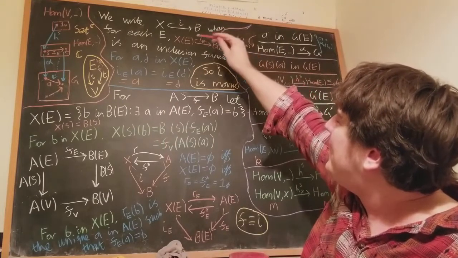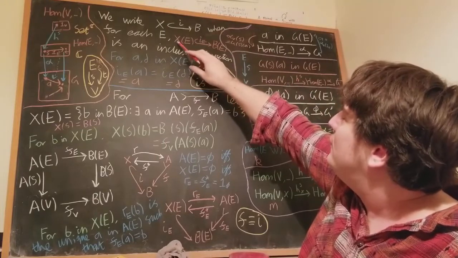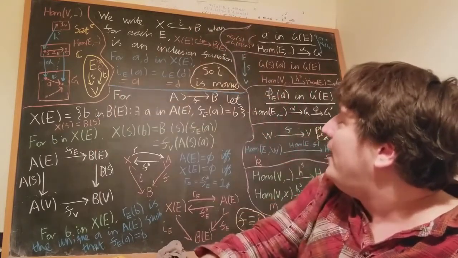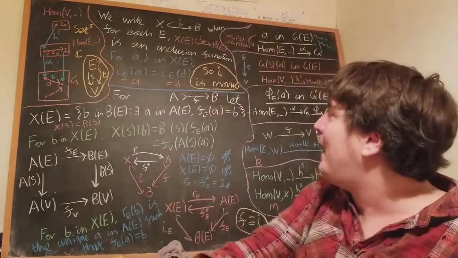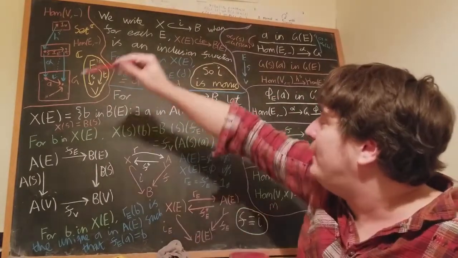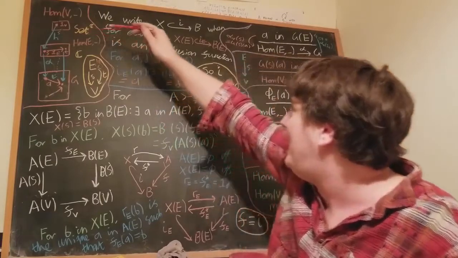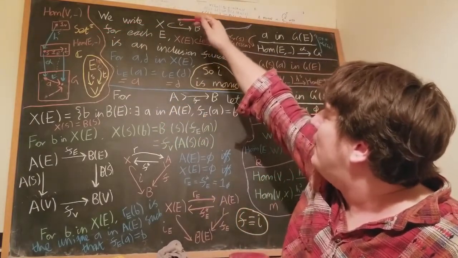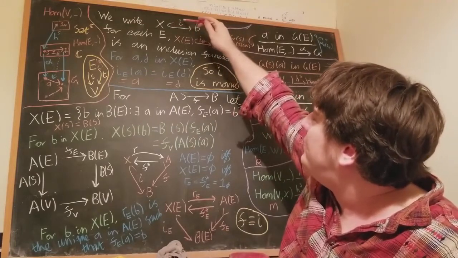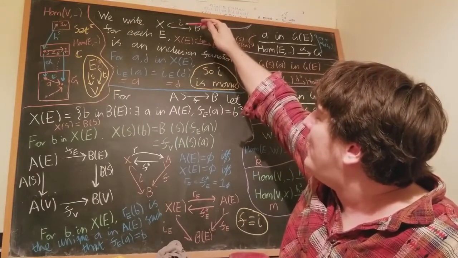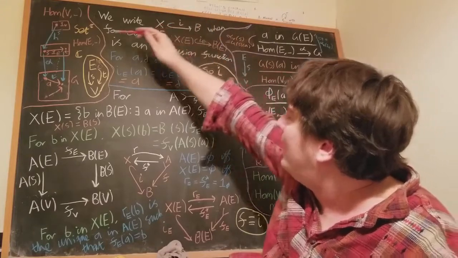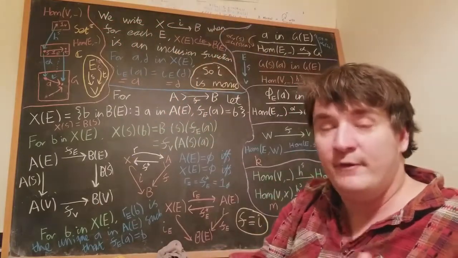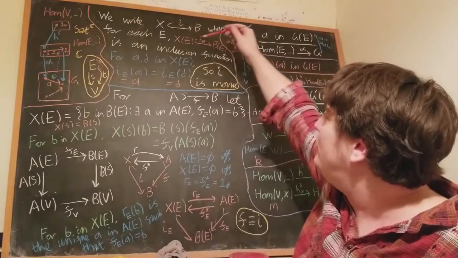So I_E here is an inclusion function from X of E to B of E. So if we have an object X and an object B in this category of functors from C to Set, and we write an arrow with a curled tail like an anchor, like this I thing here, we mean that this is an arrow of our category of functors which has each of its components as one of these inclusion functions.